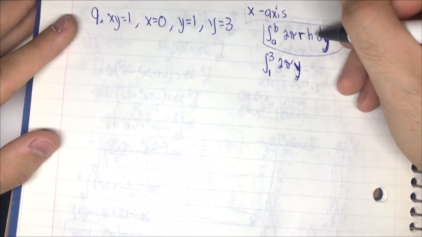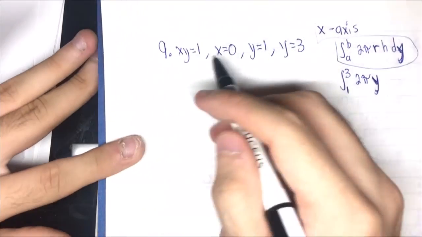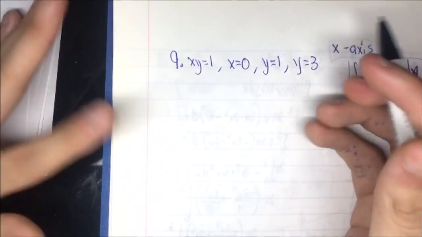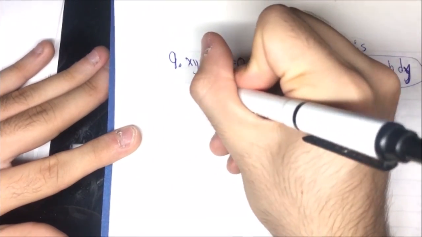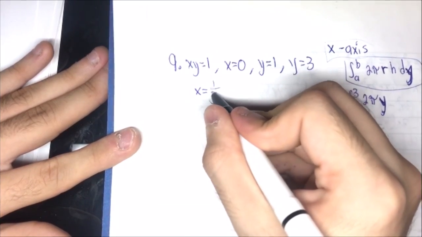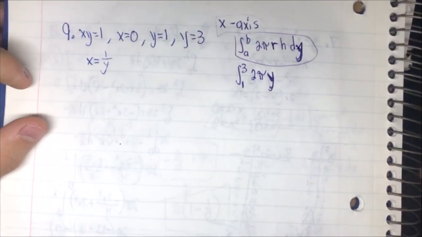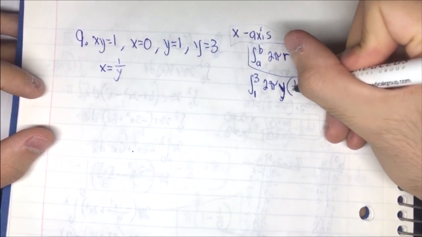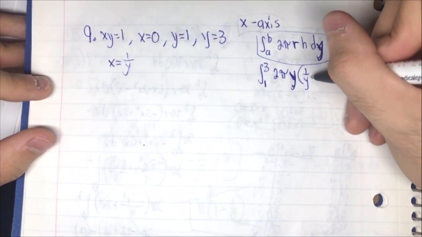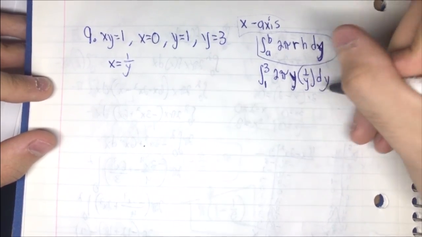So it's y, and then the height is just going to be, they don't give you another number here, so we don't actually technically need a graph. So just divide the y onto both sides here. That would just be 1 over y. And that's what we have to plug in for the height, the f of x, basically, dy.